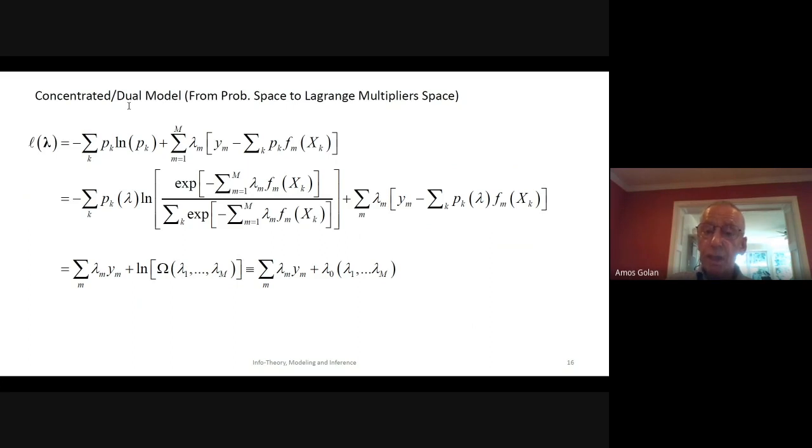But the nice thing here is that we can convert the problem to what I like to call a concentrated or a dual, which will be unconstrained optimization. A dual in the sense that the parameters of interest are the probabilities, and it goes from probability space to the Lagrange multiplier space, okay?